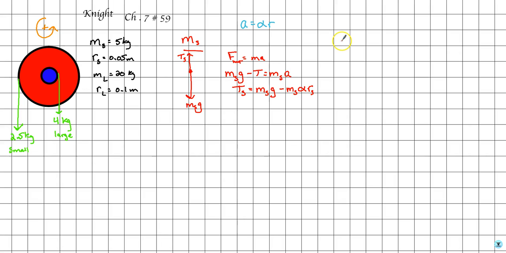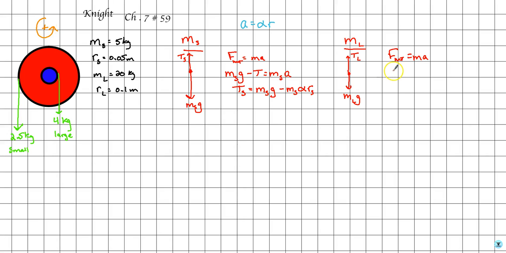If we do the same thing for the large mass, that 4 kilogram mass, our free body diagram is pretty much the same, and then we've got T large. F net is equal to ma. But in this case, the tension in this rope is going to be in the counterclockwise direction, so the pulley is going to rotate in the opposite direction, against our convention.